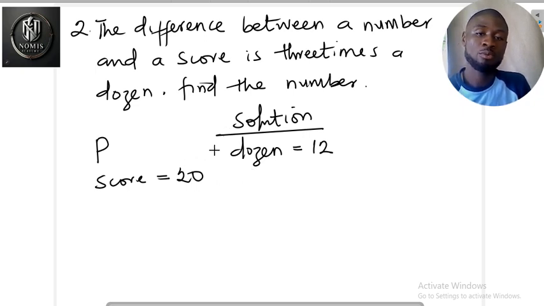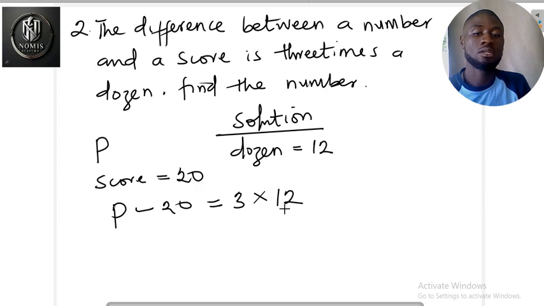Now that we have been able to unravel the figures that are hidden in the words, let us interpret the problem into an equation, something that we can solve. The difference between a number, that is P, and a score, that is P minus 20, is 3 times a dozen, which is 3 times 12.